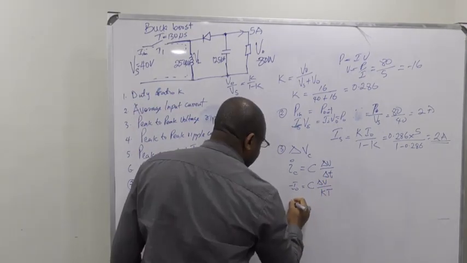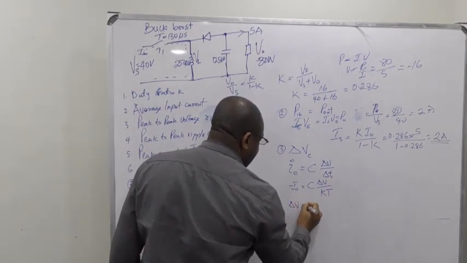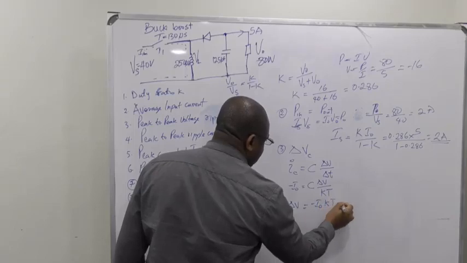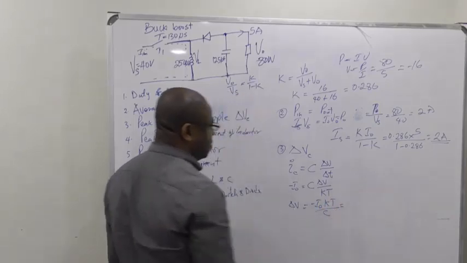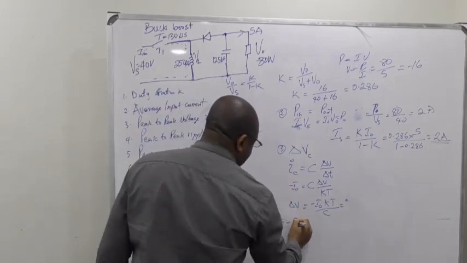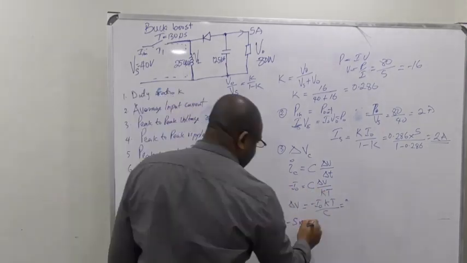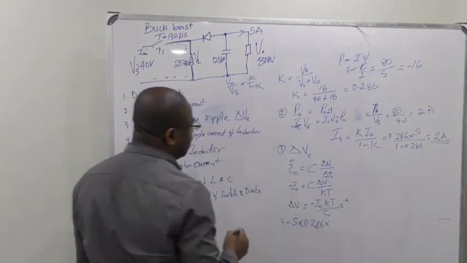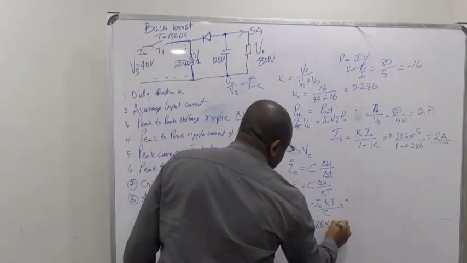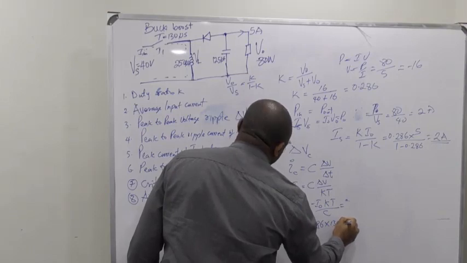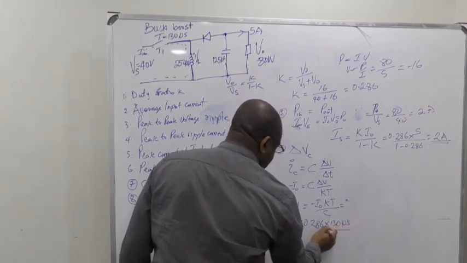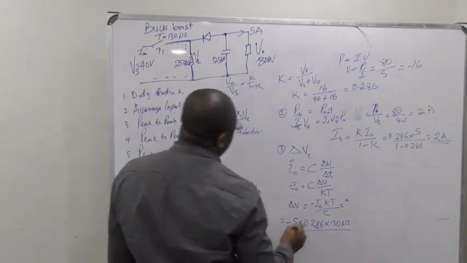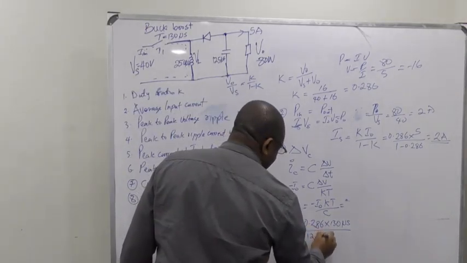To get this, delta V becomes minus IO KT divided by C. IO is 5 times 0.286 times T, 130 microseconds, divided by C, and C is 125 microfarad.